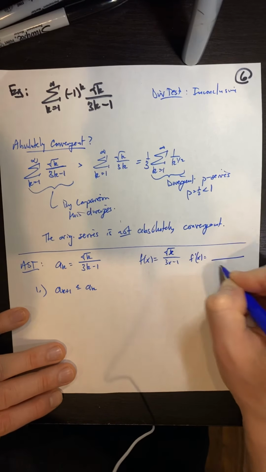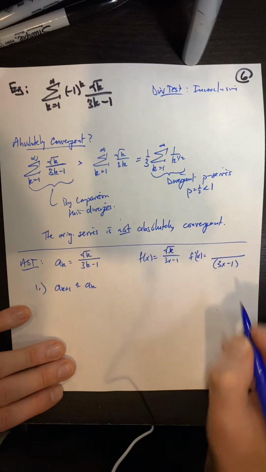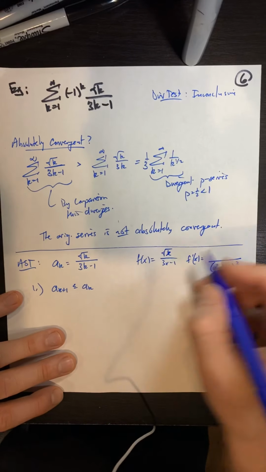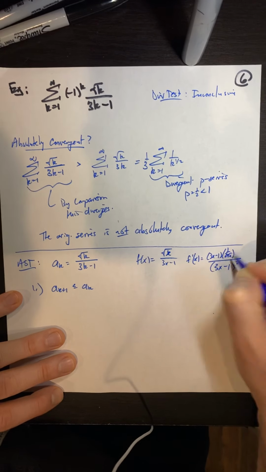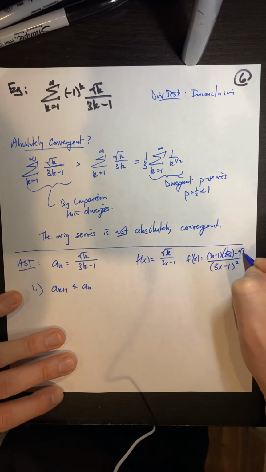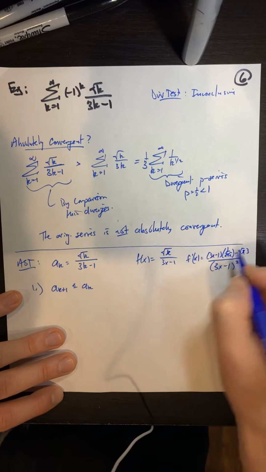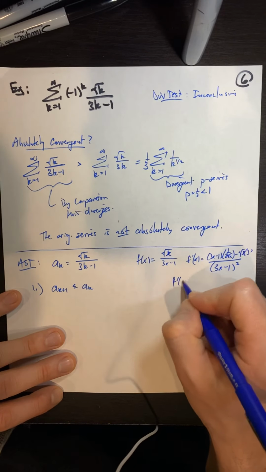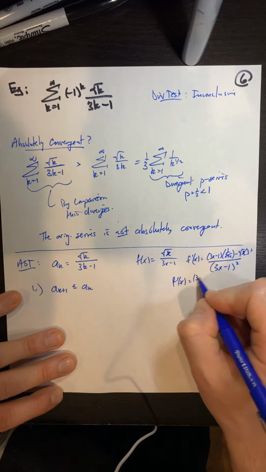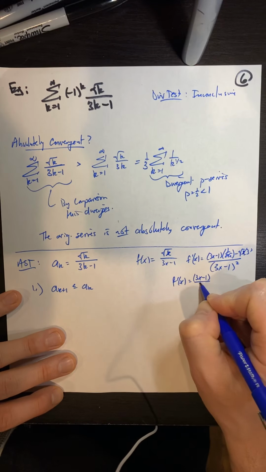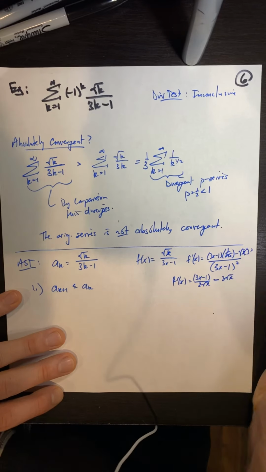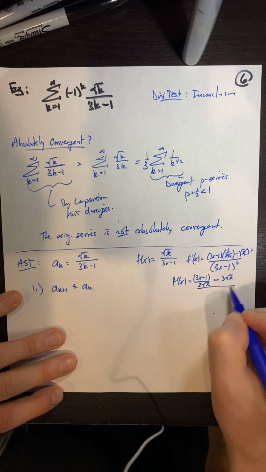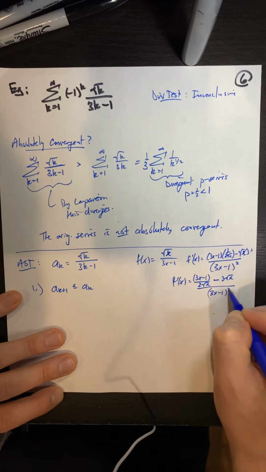Well, the derivative would be the bottom squared, so the bottom times the derivative of the top, that's 1 over 2 root x, minus the top times the derivative of the bottom, which is 3. So f prime of x is (3x minus 1)/(2 root x) minus 3 root x, all over (3x minus 1) squared.